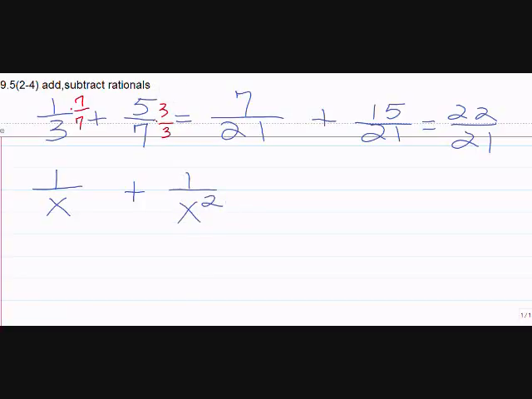So my common denominator needs to have the x from the fraction on the left, and it needs to have the x squared from the fraction on the right. So if I just put an x squared here, I'd be covering the x squared, and the x squared is also a multiple of the x.